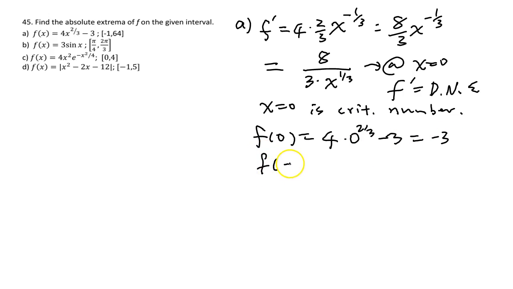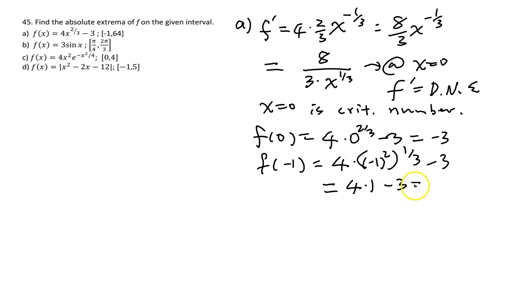How about f of negative 1? 4 times negative 1 squared to the 1/3 power minus 3, and negative 1 squared is 1. Anything squared is positive, so this is positive 1. 1 to the 1/3 power, 1 to any power is 1. So you get 4 times 1 minus 3, which is 1.